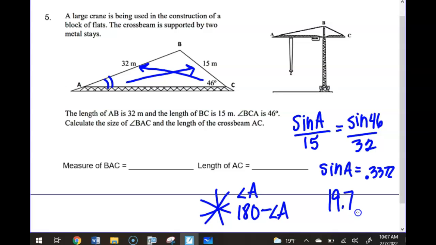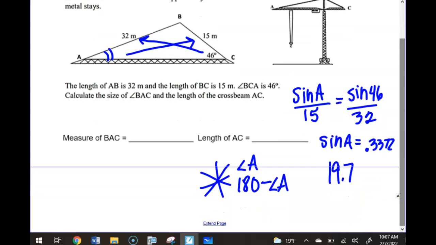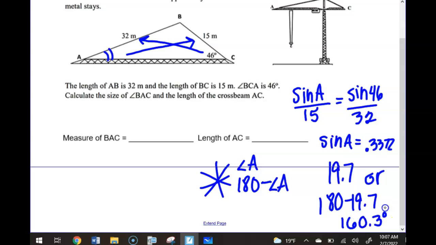Clearly not in this picture, but I want to remind you of this because it is on the quiz. If we do 180 minus 19.7, somebody tell me what that is. 160.3. Okay. Now, in a normal triangle, you'd have to examine that possibility, but clearly it's supposed to be an angle smaller than 46, right, guys? So this is not a possibility. So it's 19.7 degrees.